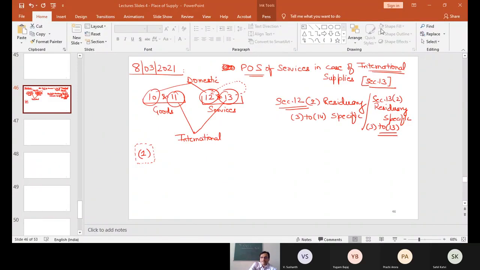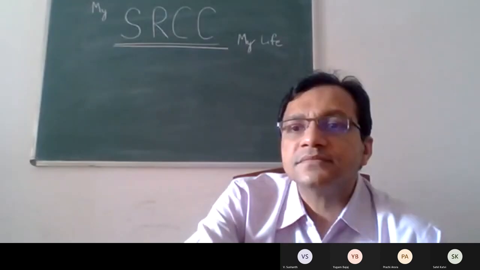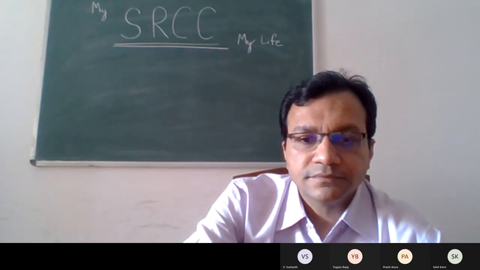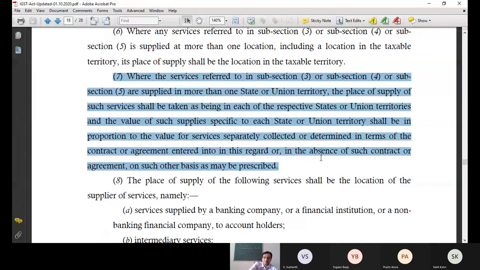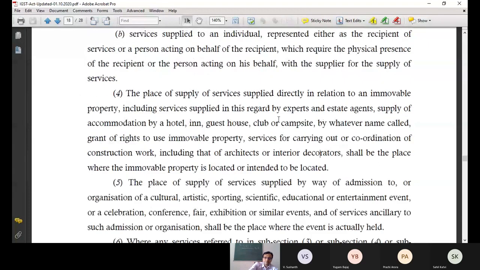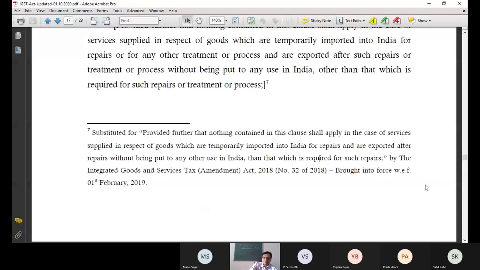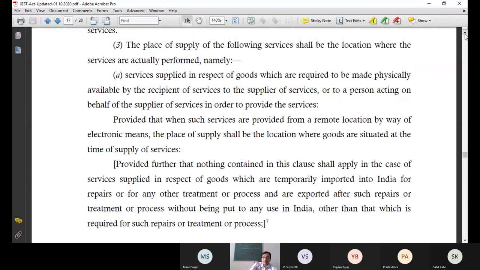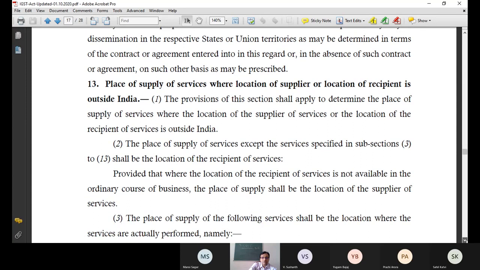This is the language of the act. This is the language of section 13.